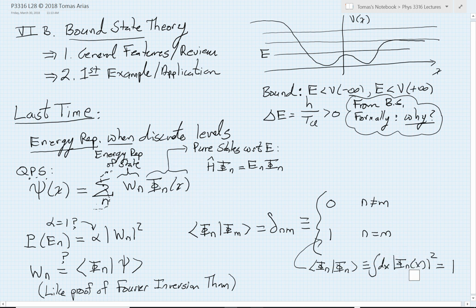And this then tells me, once I'm in that pure energy state, what is the total probability of finding the particle somewhere in space? And the answer to that question, of course, is 1. So, where we were going to begin now is to consider how we can actually prove this key result for how we extract the weights, or in other words, the coefficients that make up the energy representation of a generic state psi.